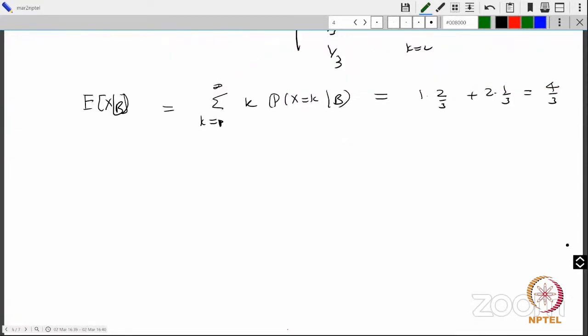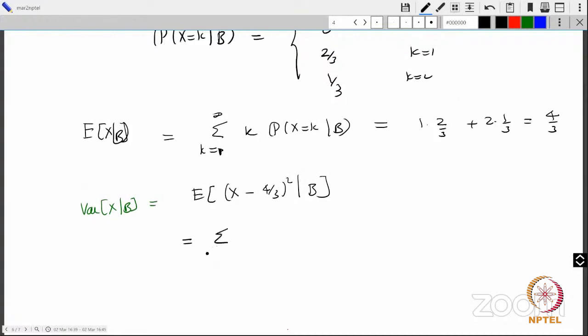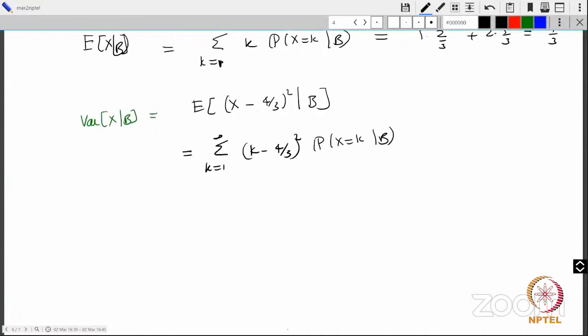So what is the variance of X given B? You just take the expected value of X squared minus the mean, which is 4/3, whole squared, given the event B. That's the same as the summation over k of k minus 4/3 whole squared times the probability X equal to k given B. But this has only two values, 1 and 2.